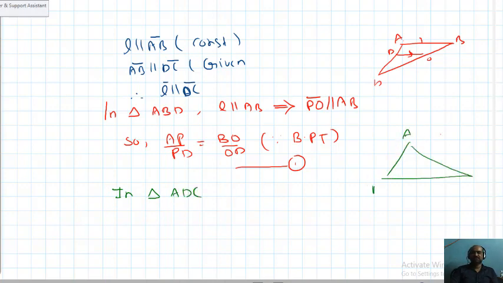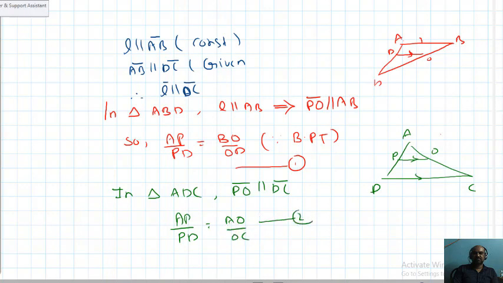This is A, this is D, this is C. This is L actually. PO is a part of L, parallel to DC. So, AP by PD is equal to AO by OC from BPT. Equation number 2.